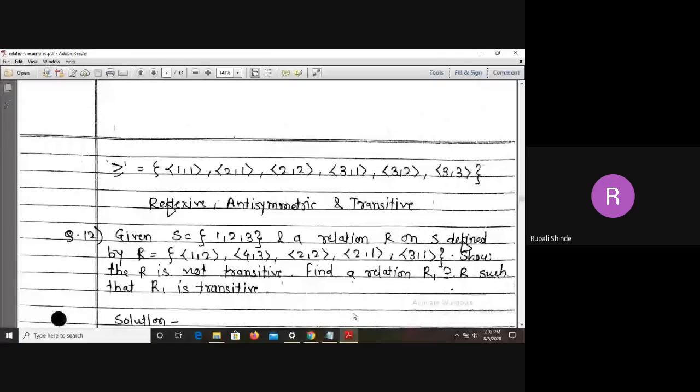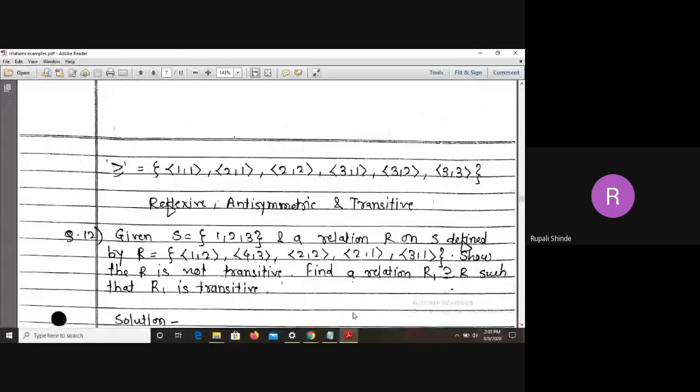So next question is given. Set S is given, which is containing three elements 1, 2, 3, and a relation R on S defined by R is equals to the pairs 1, 2, 4, 3, 2, 2, 2, 1, 3, 1.